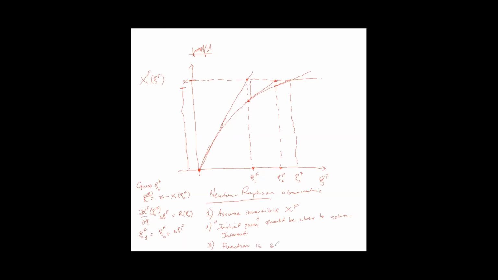At least it better be differentiable, right? If it's not even differentiable, then what does it even mean when we take the gradient of x? And continuously differentiable too, yes, that's right, because you're assuming that this Taylor series even exists, even though you don't use all of the terms.